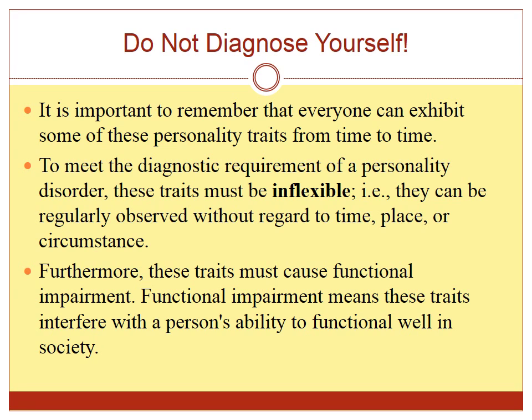Furthermore, these traits must cause functional impairment. Functional impairment means these traits interfere with a person's ability to function well in society. So if you get a little nutty when you have too many cocktails, that's just being a sloppy drunk. On the other hand, if you have a serious issue all the time, that's more likely to be a situation where you want to pursue a therapeutic intervention.